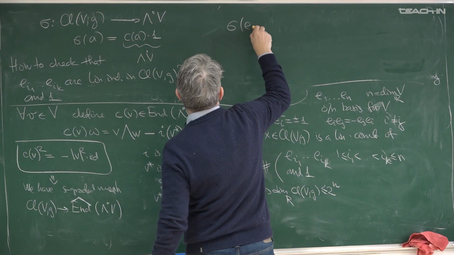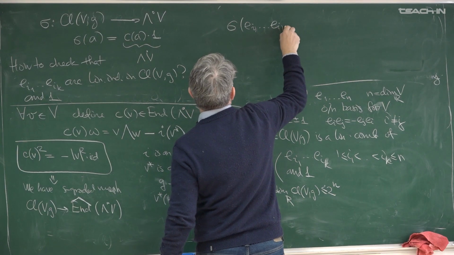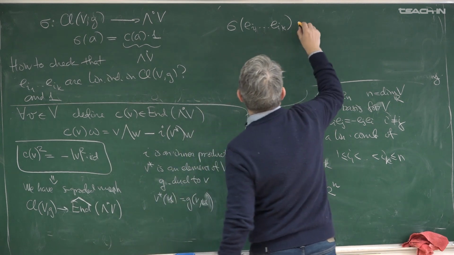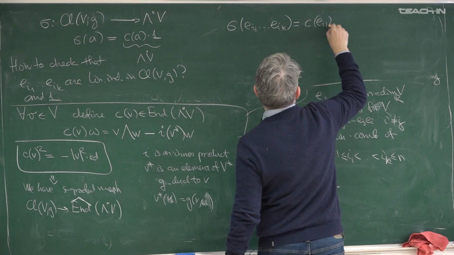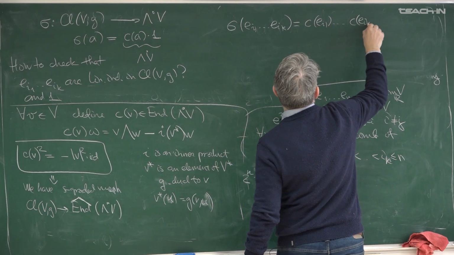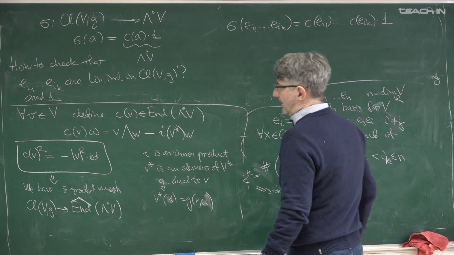Sigma of e_i1 ... e_ik is equal to C of e_i1 ... C of e_ik applied to 1.